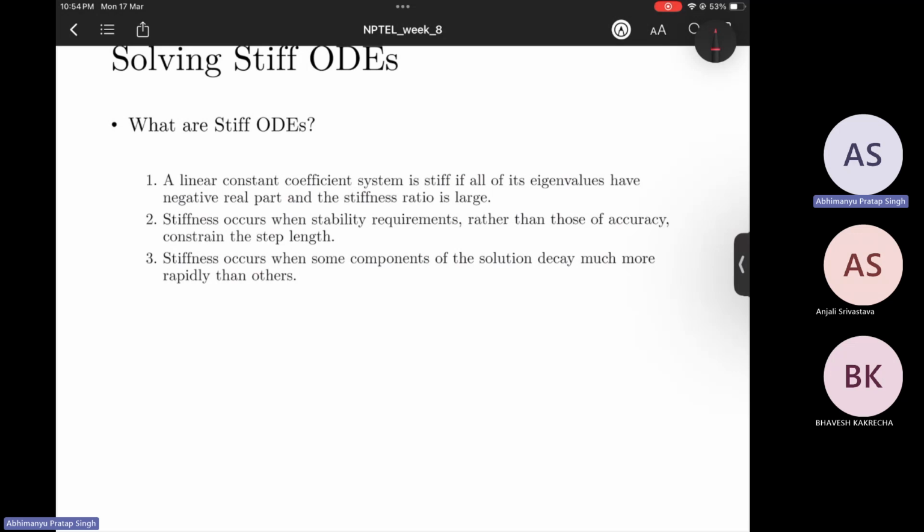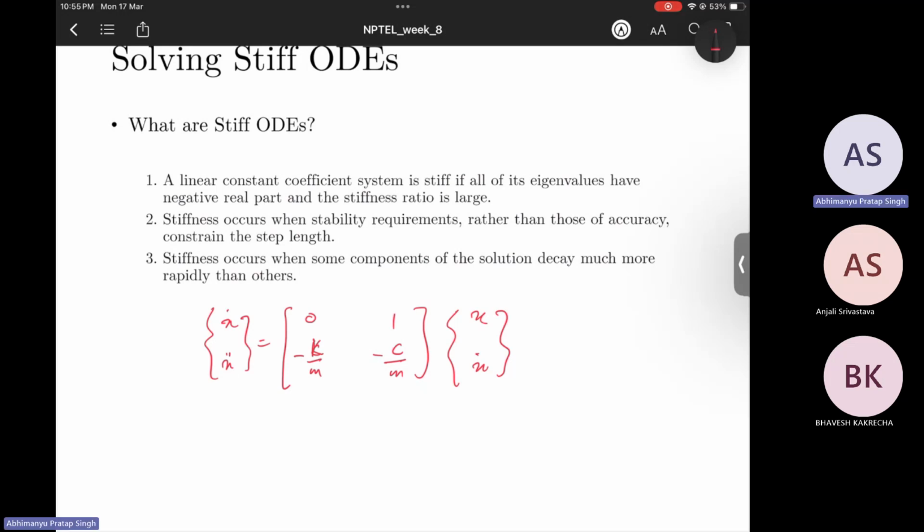Yeah, so what has happened is my system was x double dot equals a matrix [0, 1; minus k by m, minus c by m] times x, x dot.